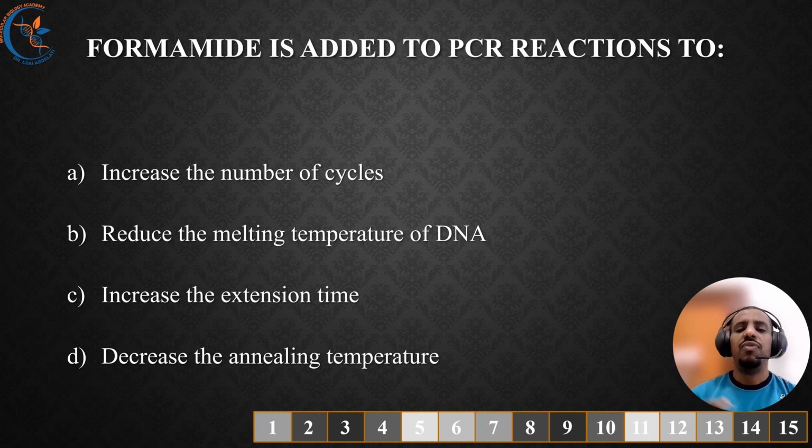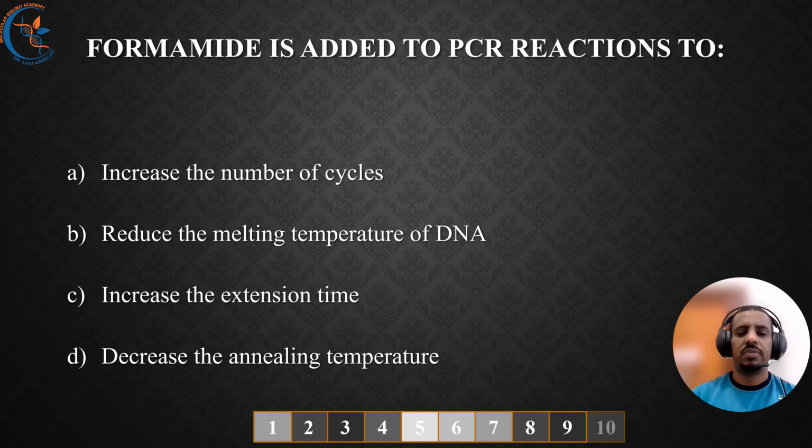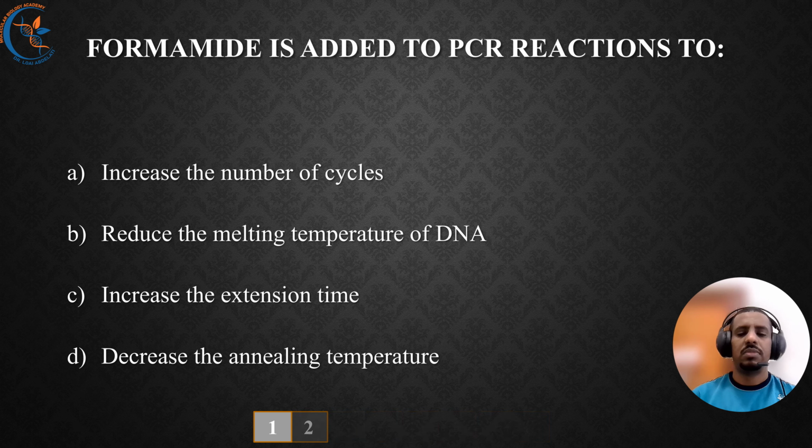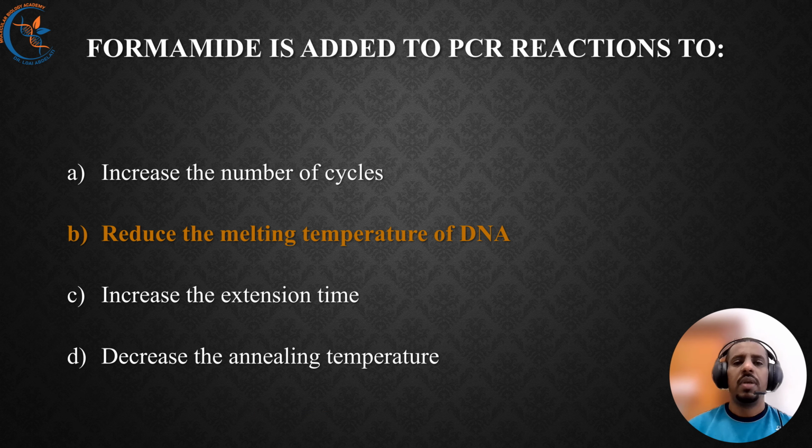All right, let's move on. Okay, next question. Formamide is added to PCR reactions to... The correct answer, reduce the melting temperature of DNA. Actually, formamide lowers the melting temperature of DNA, which can help in amplifying difficult templates with high GC content. All right, let's move on.